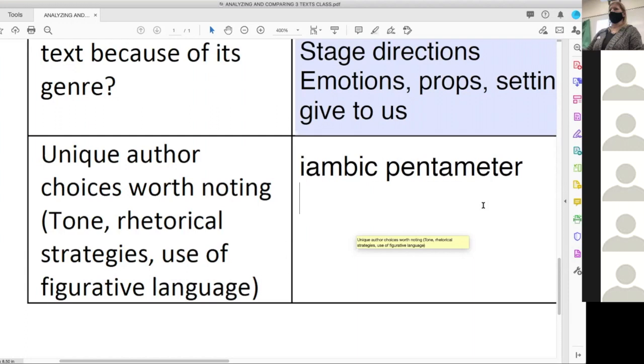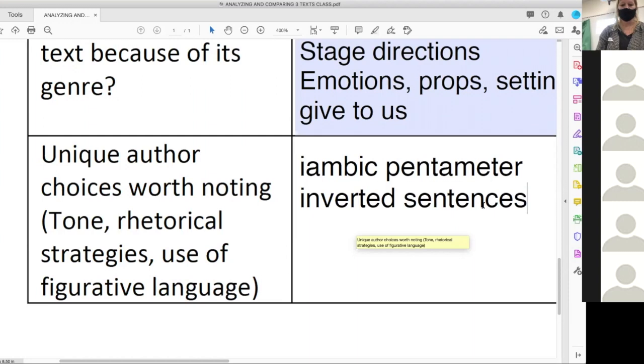He flips the action with the subject, and that's a unique author choice. So we call that inverted sentences. You're not going to see that in the articles you read. Okay. We also, in many of Shakespeare's plays, find dramatic irony.